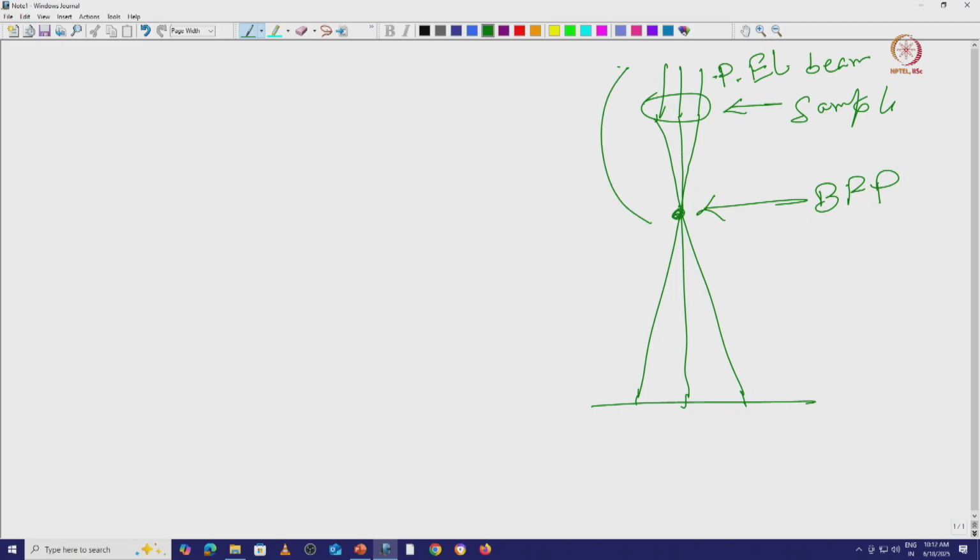If you go to the opposite, where all these things are coming from, that is called the front focal plane. If the electron beams are converged at one particular point, we will say that this is a front focal plane. So the front focal plane will be above the sample, and the back focal plane will be below the sample. Now here we are getting the images.